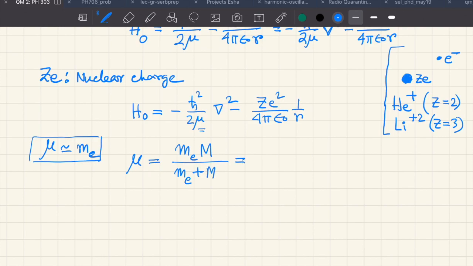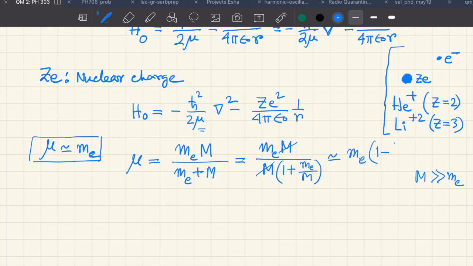Now this, of course, you can write as me times capital M, and then you can take this capital M common and write it as 1 plus me by capital M. And because this capital M is much greater than the mass of the electron, because proton is extremely heavier compared to the mass of the electron, we can always write this as me into 1 minus me by M, and therefore this will become me minus me square by capital M.